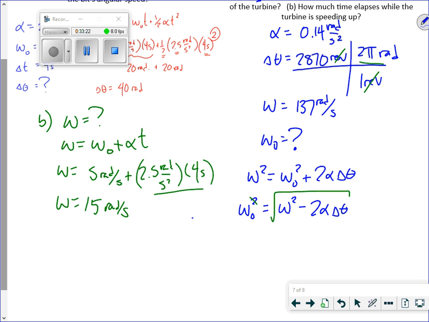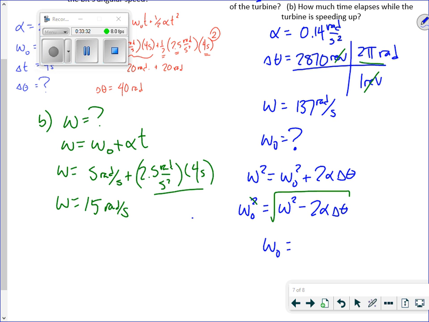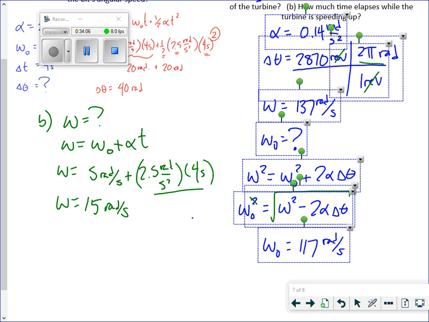All right, if you run that conversion, and then you plug in your numbers, I get omega naught is 117 radians per second. Okay? Now, it's actually plus or minus, but we're going to take the plus because I'm not assuming that the turbine stopped spinning and then spun in the other direction. I'm just assuming it sped up from one to the other. Okay? All right. Let's shrink that up.